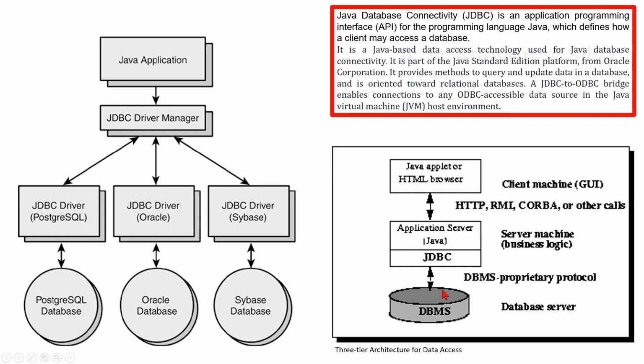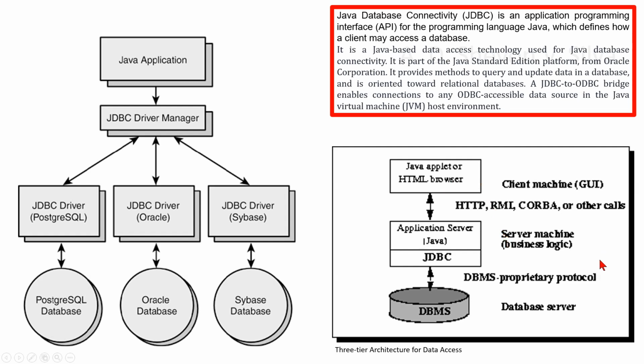The data source processes the commands and then sends the results back to the middle tier, which then sends them to the user.